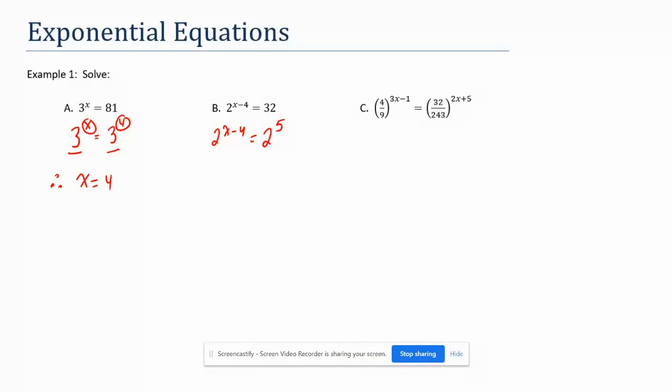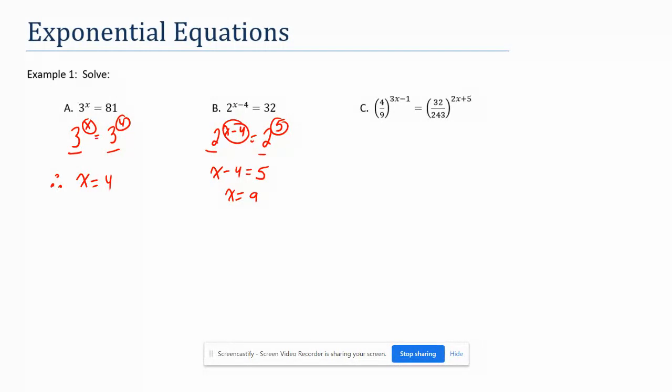So in this case, these two powers are both base 2. That means x minus 4 is going to equal 5. Add 4 to both sides, and that means x equals 9. So again, we're able to convert both sides of the equation to the same base.